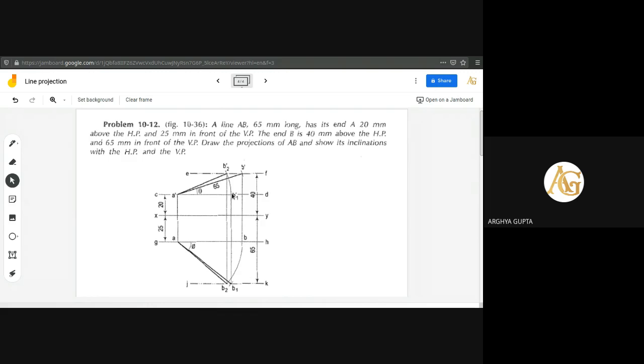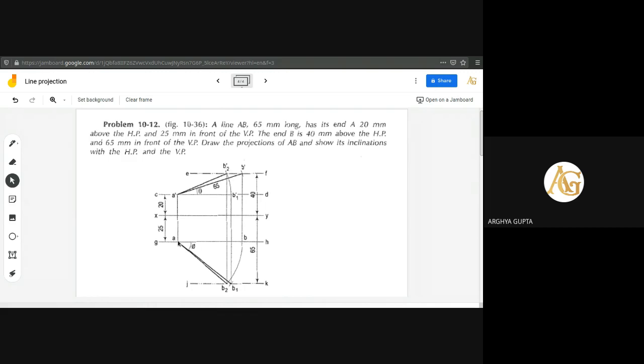Now we have to take the pencil compass again and take the radius A dash B1 dash, and that radius is cut like that, B2 dash. So taking radius A dash B1 dash, we need to draw an arc up to the EF line, so that the intersecting point will be B2 dash.